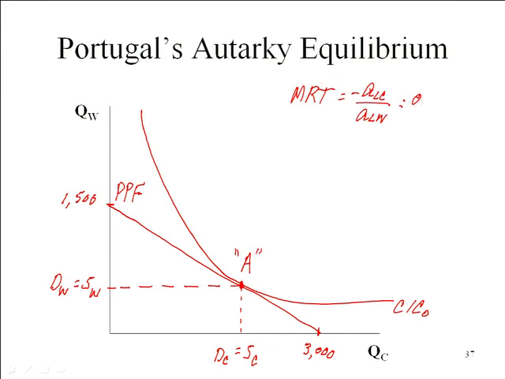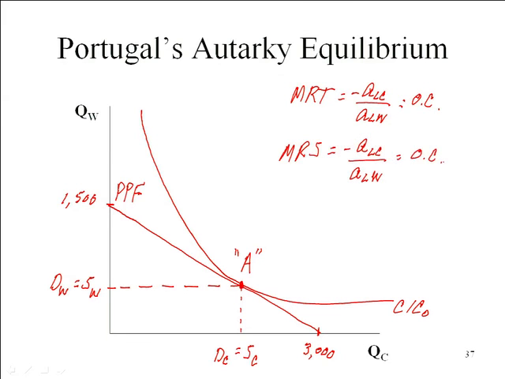Notice that on our country indifference curve, we're exactly tangent here at point A, which means that the marginal rate of substitution at that particular point is also equal to the ratio of the unit labor requirements, which is also equal to the opportunity cost.